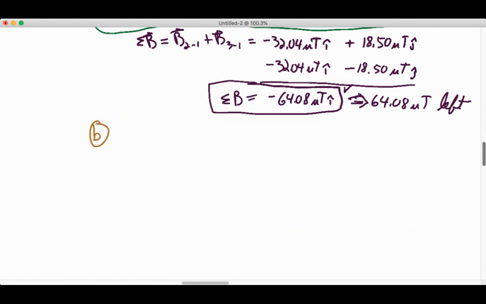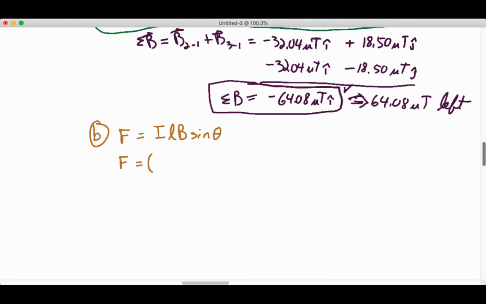This is just our formula for the force on a length of wire in a magnetic field. So this is equal to I L B sine theta, where theta is the angle between the length of wire you're talking about, which is coming towards us, and the magnetic field, which is going to the left. Those guys are perpendicular, so that's going to end up being 90 degrees.